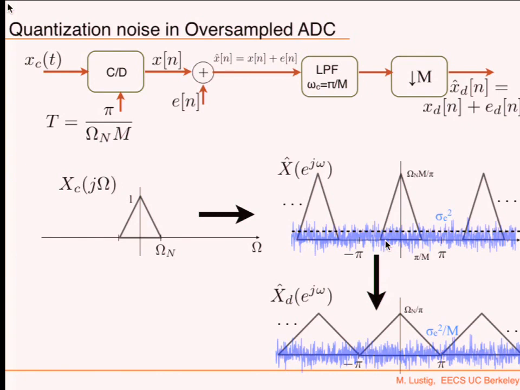And the noise is going to also scale down by a factor of m. It is going to be sigma e squared divided by m. So my signal to quantization noise ratio is going to improve as I oversample. How much? By a factor of m. Okay.